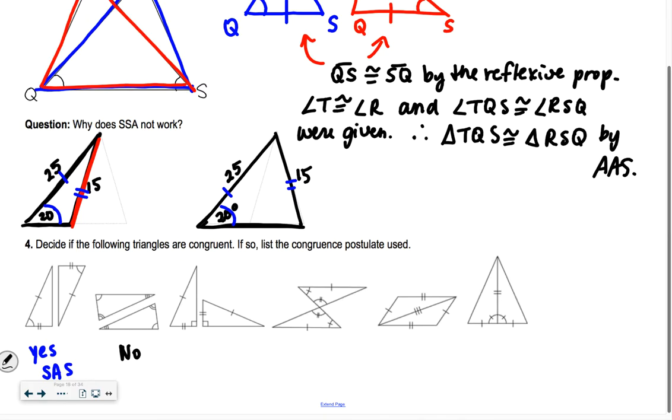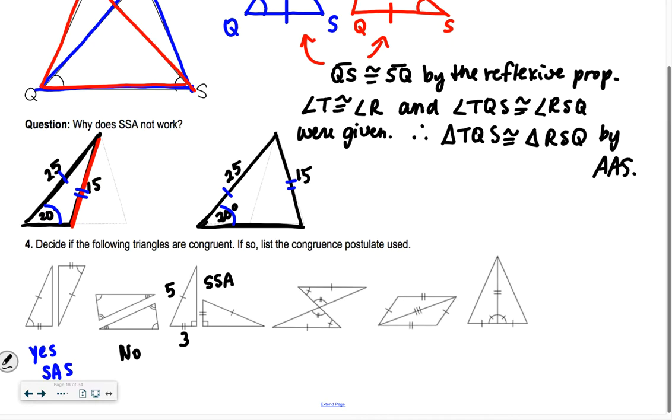Why? Angle, angle, side? Ooh, I don't know. This is side, side, angle. So now Koki's bringing up a good point. This one actually will work for us. This is the only version of side, side, angle that works. So why with a right triangle might it work? Let's say I knew that this measurement was 3 here and this was 5 here.